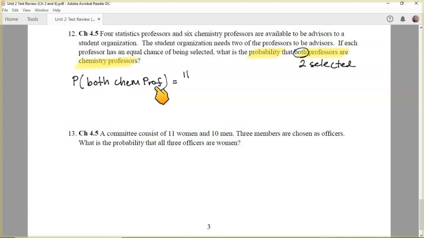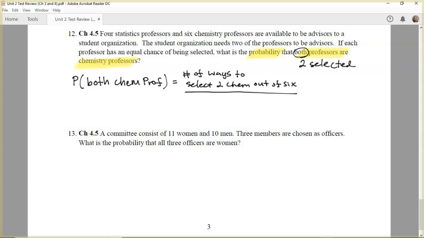But because we have some sort of selection process here, we have to figure out all the different ways that I can have 2 chemistry professors. So we want the number of ways to select 2 chemistry professors from 6, right? There are several different ways you can do that. I can pick any 2 chemistry professors out of the 6 there are to choose from.